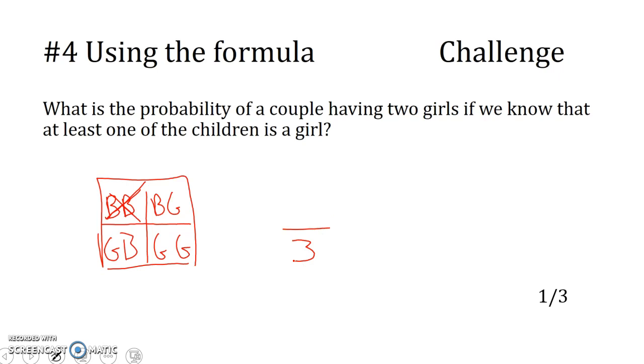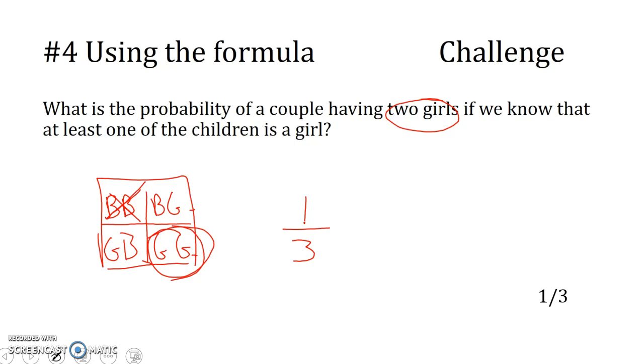We want to know, of those three situations, what is the probability of a couple having two girls? Well, how many of those three situations have two girls? Well, that's only this one here. And so that's only one out of the three different situations.